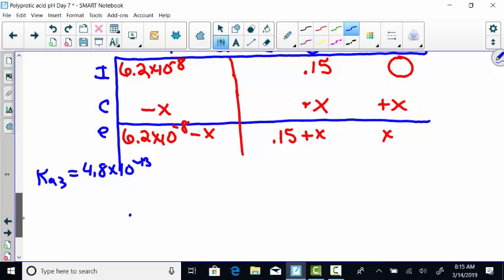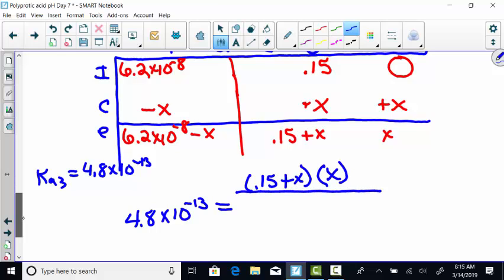So we're going to set up 4.8 times 10 to the minus 13th equals 0.15 plus x times x all over 6.2 times 10 to the minus 8 minus x.